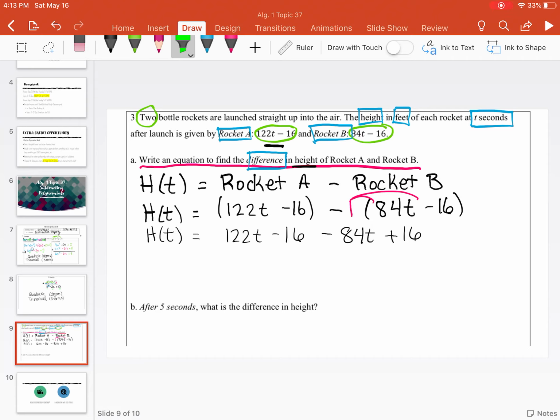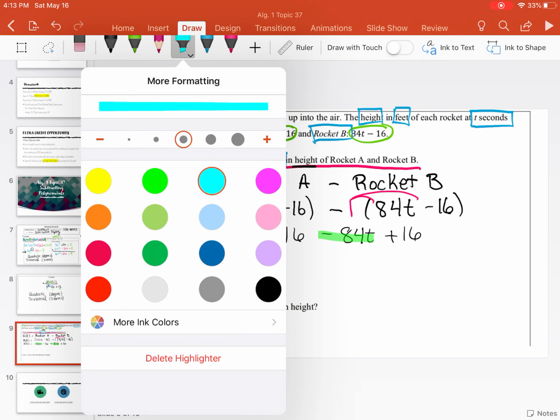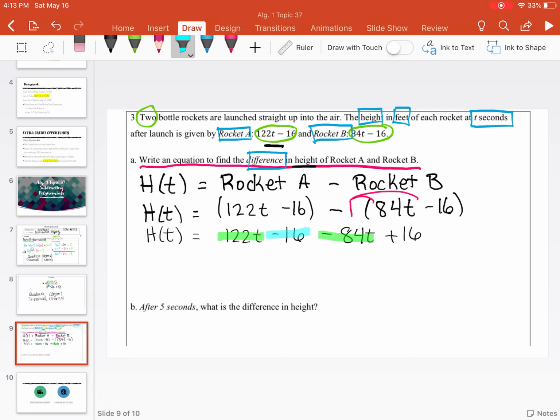Let's go through and identify our like terms. We have 122t and -84t. Notice how I included the sign with that 84t. -16 and positive 16. So h of t is the same thing as 122t minus 84t, again keeping that sign with it.